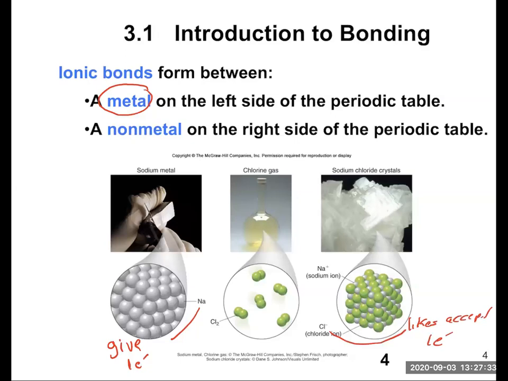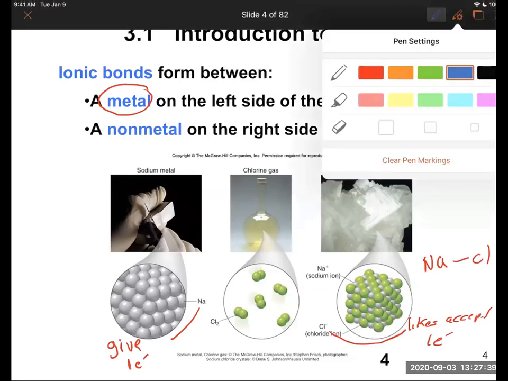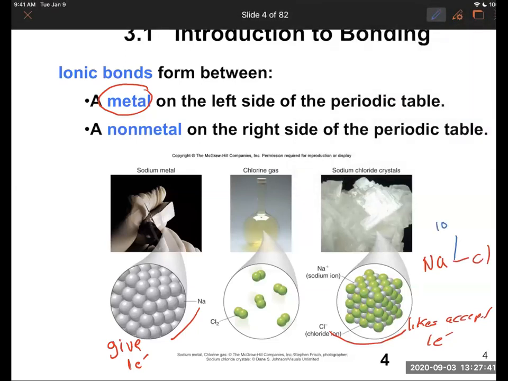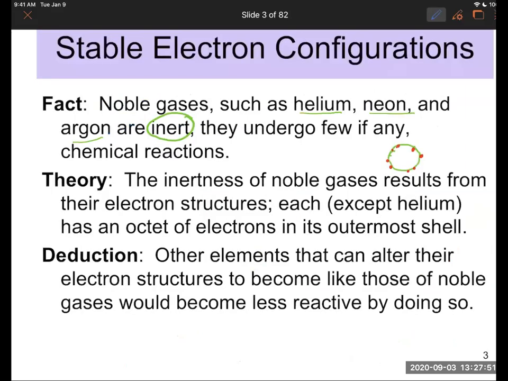As a result, between Na, a metal, and Cl, a non-metal, they're going to create an ionic bond. The sodium is giving the electron to the non-metal, which is the chlorine.